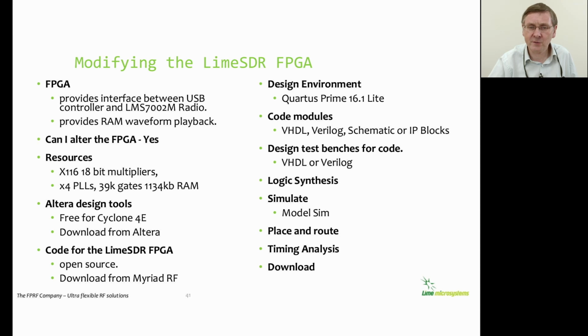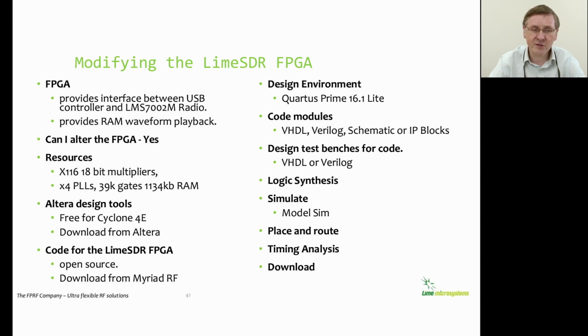Just a few words about the FPGA on the LimeSDR. The FPGA provides the interface between the USB controller and the 7002 radio. This provides playback of waveforms as well as FIFO storage. So, can I alter the FPGA? Yes.